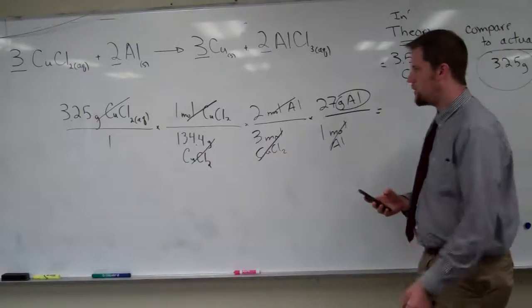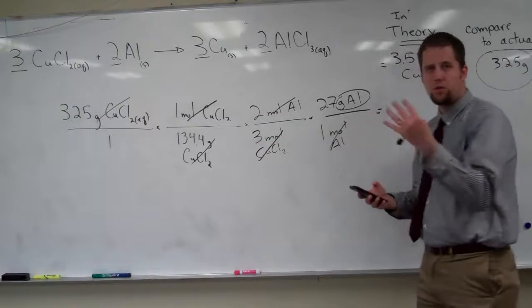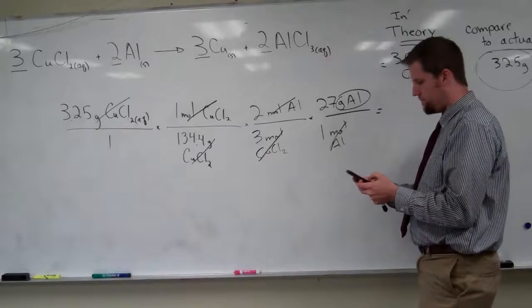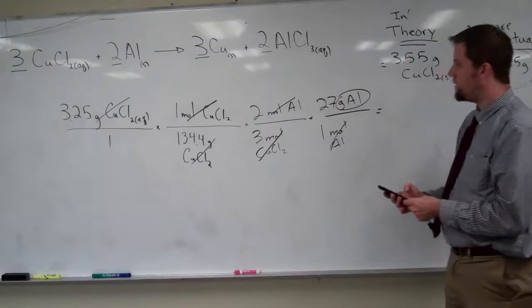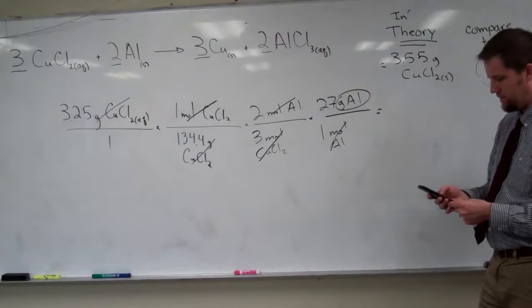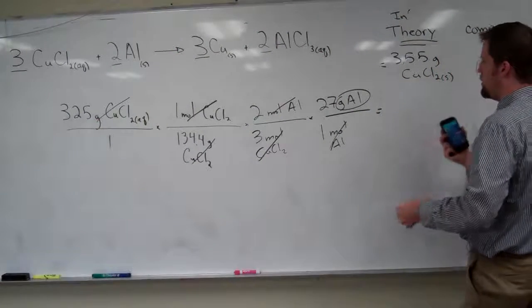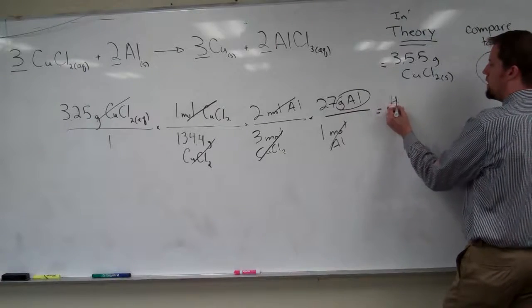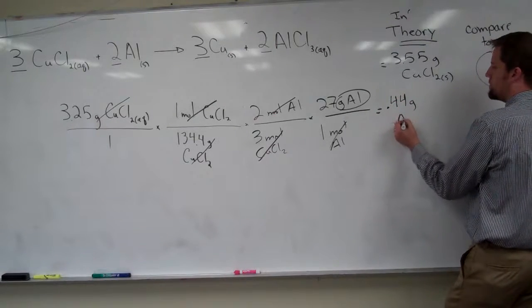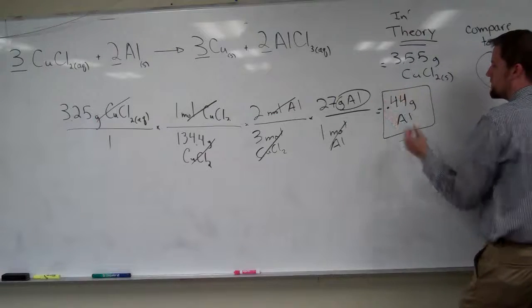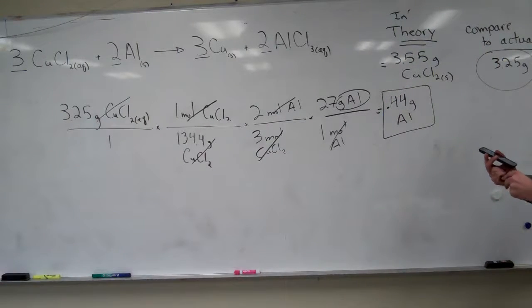Some were asking, you could multiply by 2 and then divide by 3, however you want to do it, but figure that out here. And then the final step, you want to multiply that by 27. And you get about 0.44 grams of aluminum. That is how much we would have expected to use up in this case.